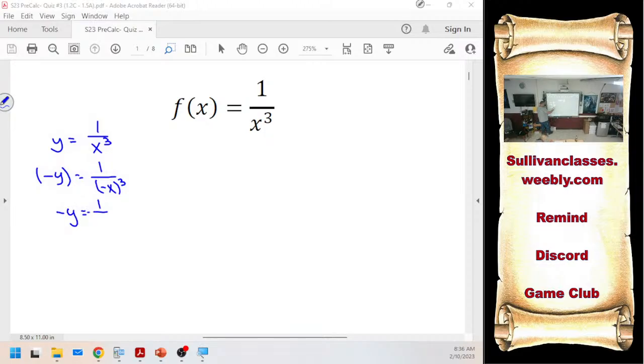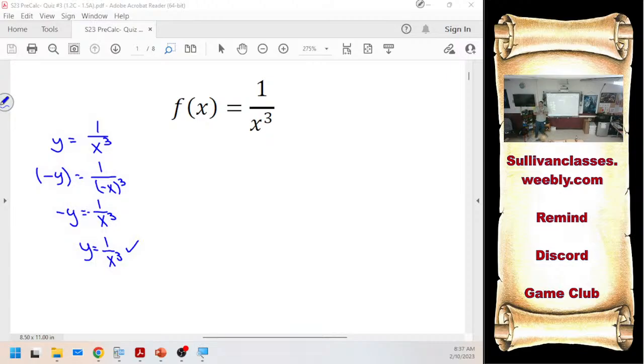I get a negative 1 over x cubed. And if I divide both sides by -1, I end up right back at where I started, proving algebraically that it is symmetric to the origin. Now, if you're already going to be showing whether it's odd, even, or neither, I wouldn't actually do it this way at all, because how do I show it's odd?